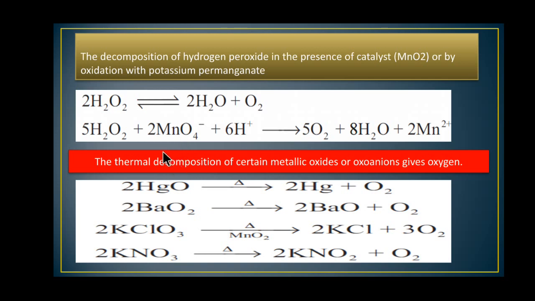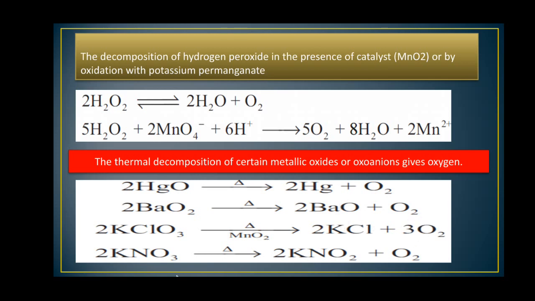Then, thermal decomposition of certain metallic oxides, is it clear? Thermal decomposition of metallic oxides. Mercury oxide, when heated, gives O2, and barium dioxide gives barium oxide and O2.